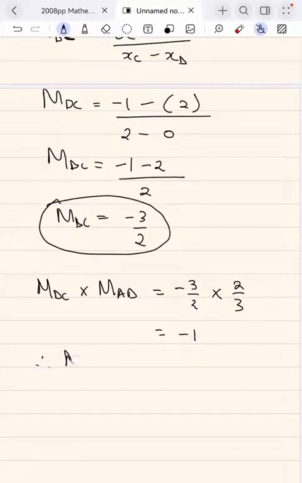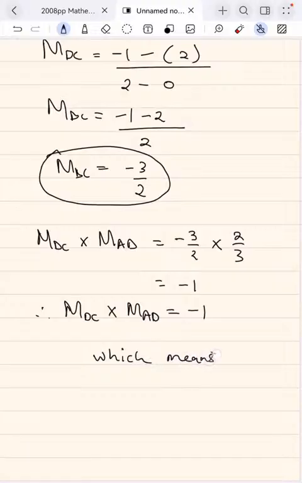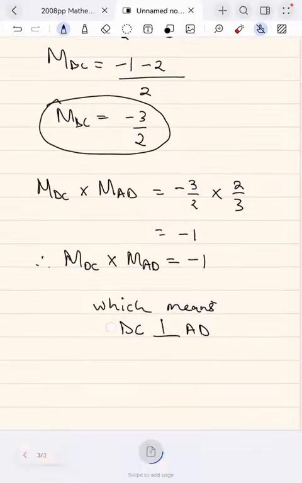Therefore, MDC, the gradient of DC, multiplied by the gradient of AD is equal to negative 1, which means that DC is perpendicular to AD.